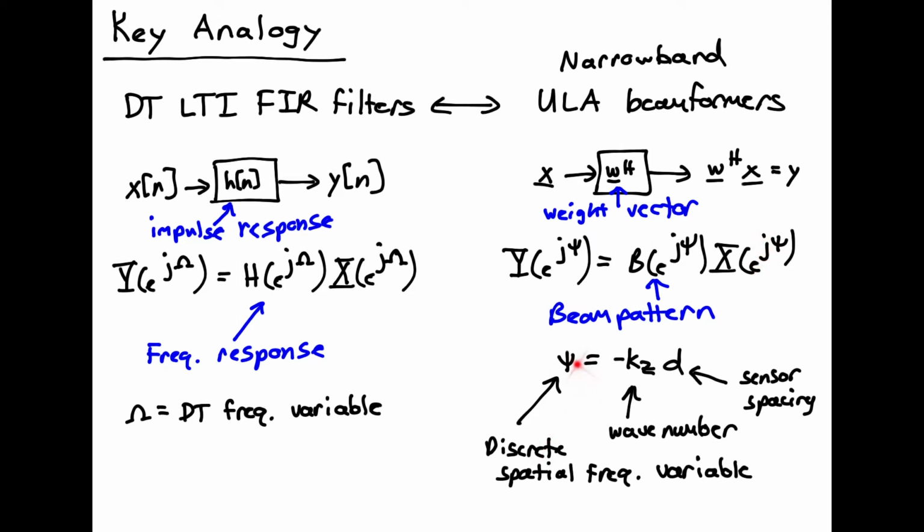Here I'm using the variable psi as my discrete frequency variable, and it's defined as the vertical wave number, kz, times d, with a minus sign, so a sign change there. d is the sensor spacing. So we're going to try and see how we can apply what we know about this problem to understand the uniform line array beamforming problem.